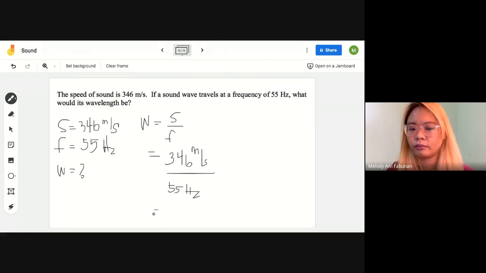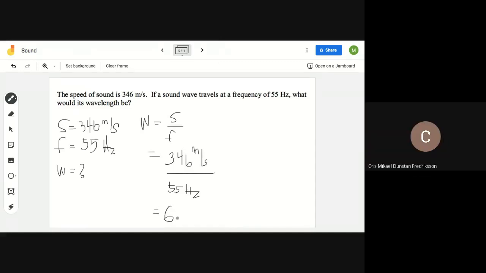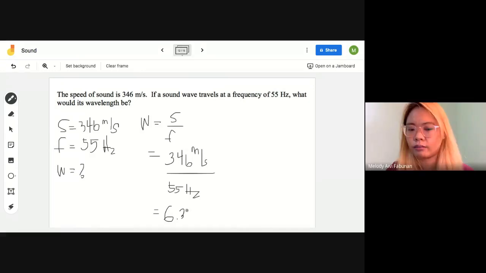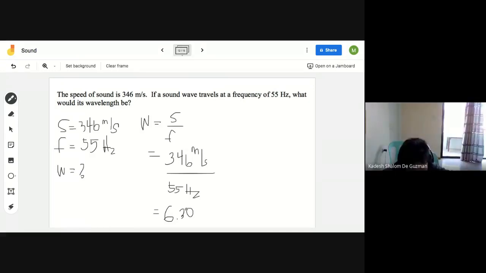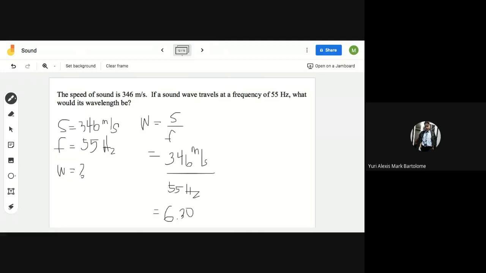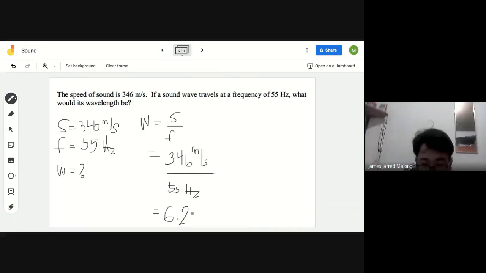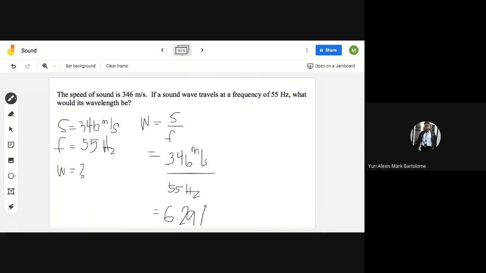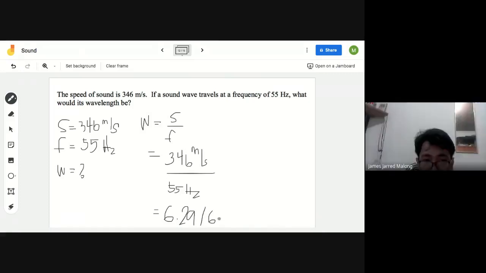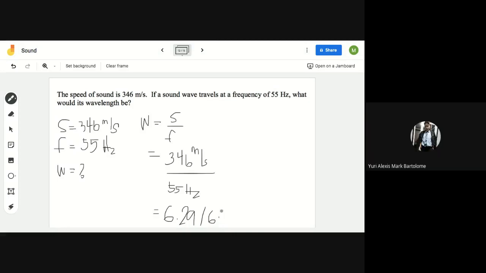6.29 or 6.30? 6.29 po, Chair. What is the unit? 6.29 hertz? Meters per second po. Mali yung 6.30, 6.29 lang.